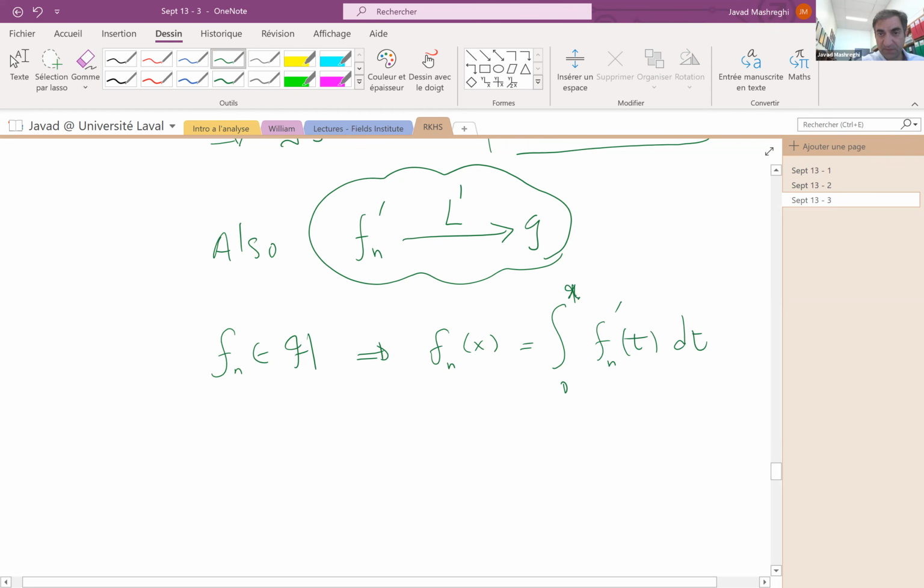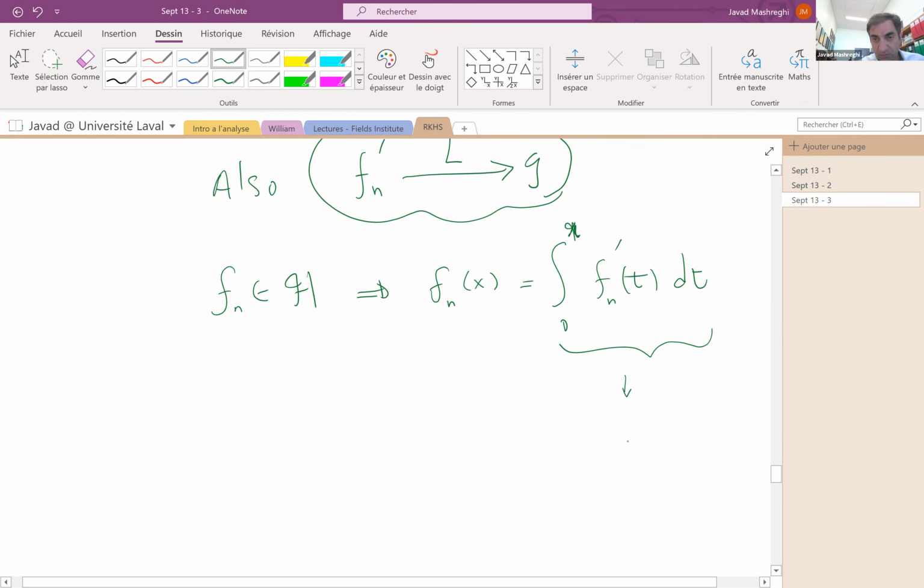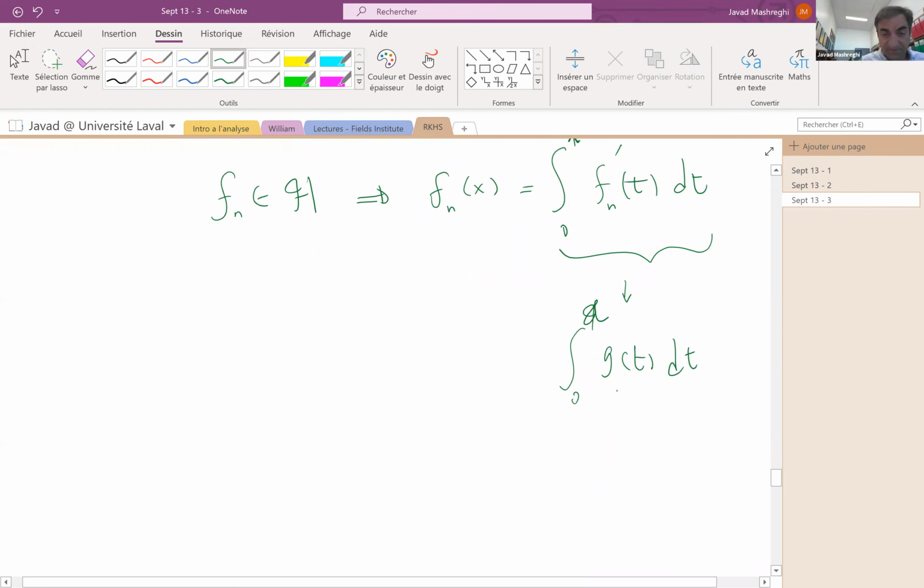I made a mistake with the upper limit. We know that this goes to the integral from 0 to x of g of t dt, because the convergence is also in L1. We know that the right side is convergent. Therefore, I define the function f by the formula f of x equals the integral from 0 to x of g of t dt. That's my definition.